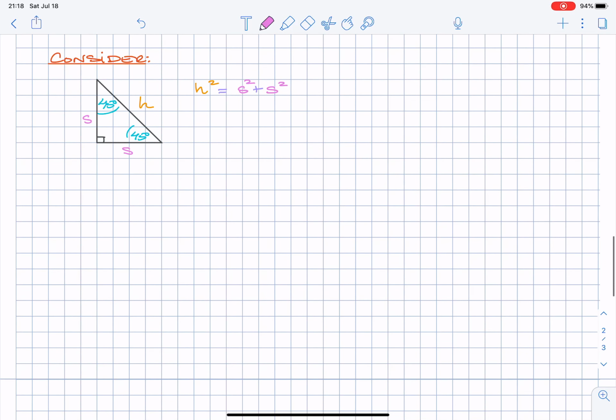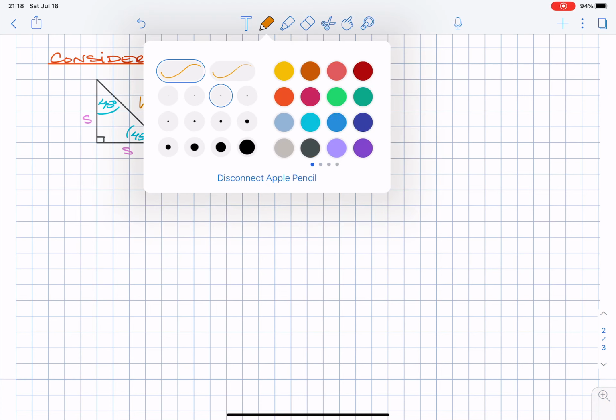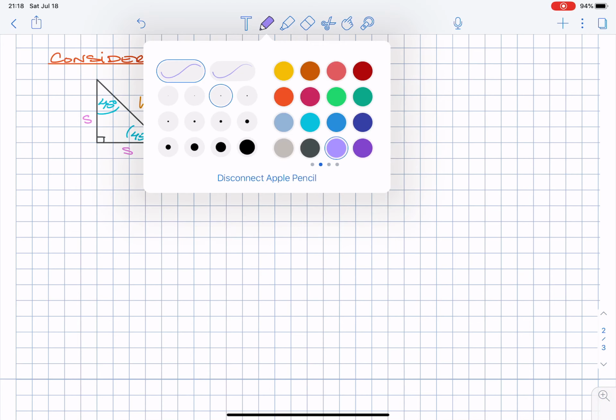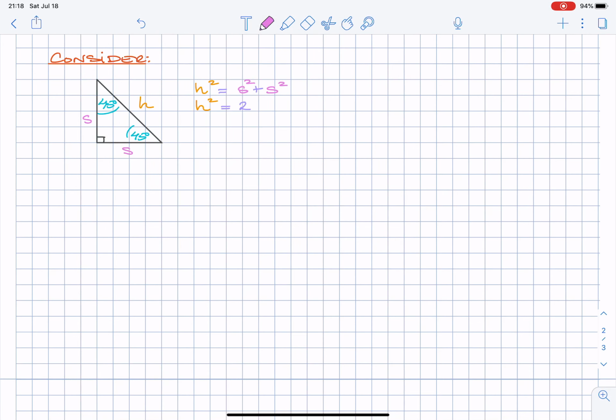So we get that h squared is going to be 2 s squared, because if I have 1 s squared plus 1 s squared, and I add them together, I get 2 s squared.